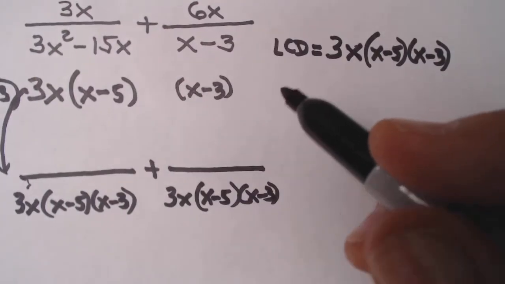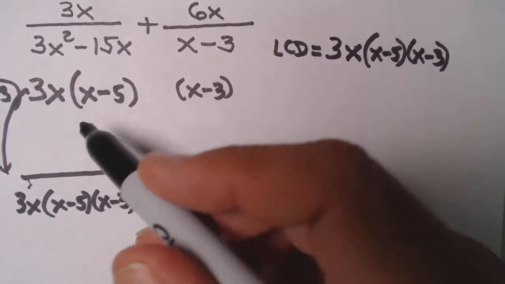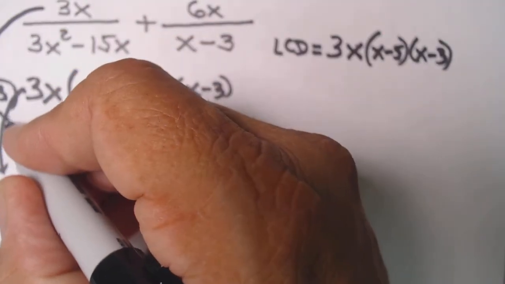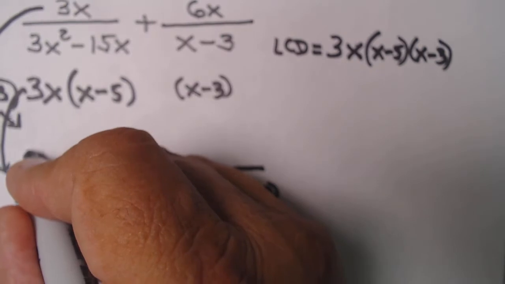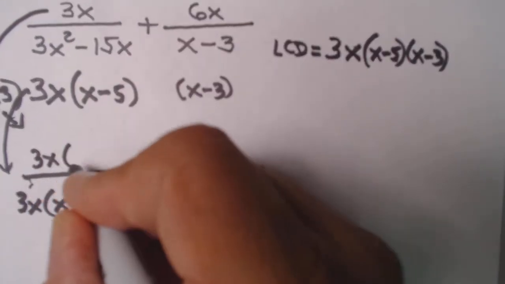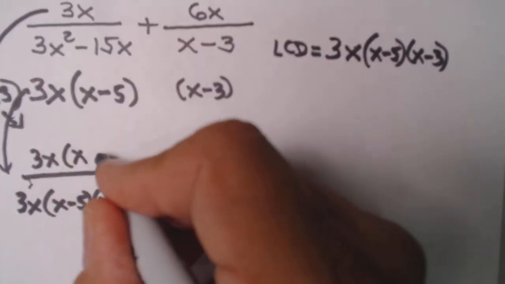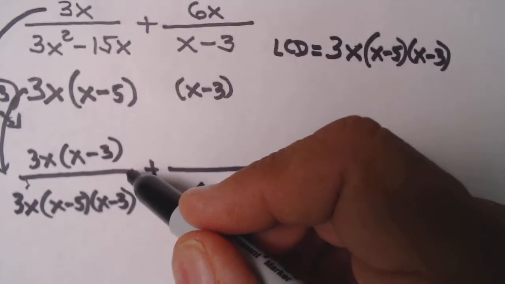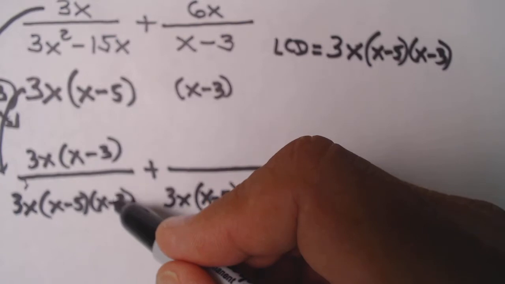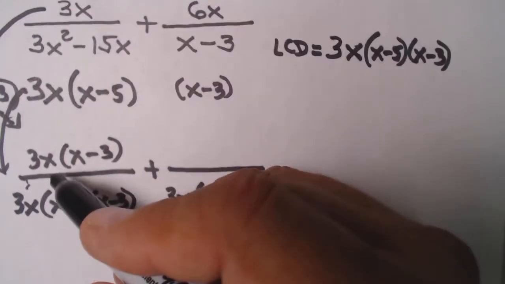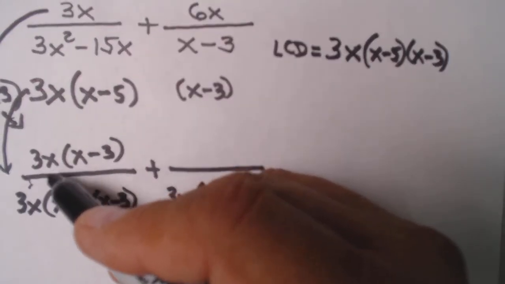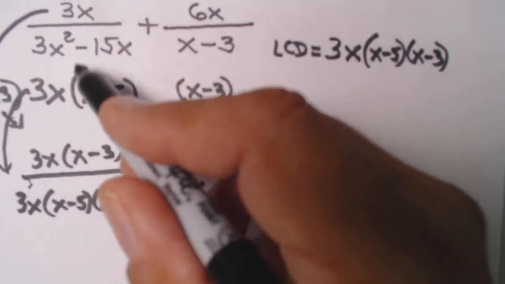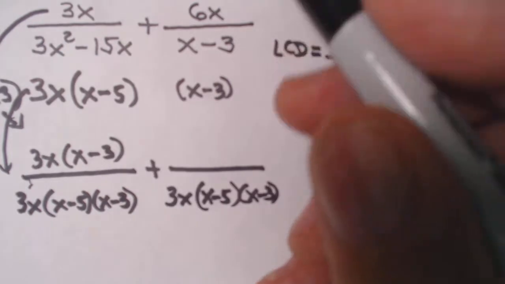That tells us what we do to the top: we have to multiply it by the same thing. So I've got 3x times x - 3. Notice that if you were to reduce the x - 3's out, you'd end up with 3x over 3x times x - 5, exactly what you should have.